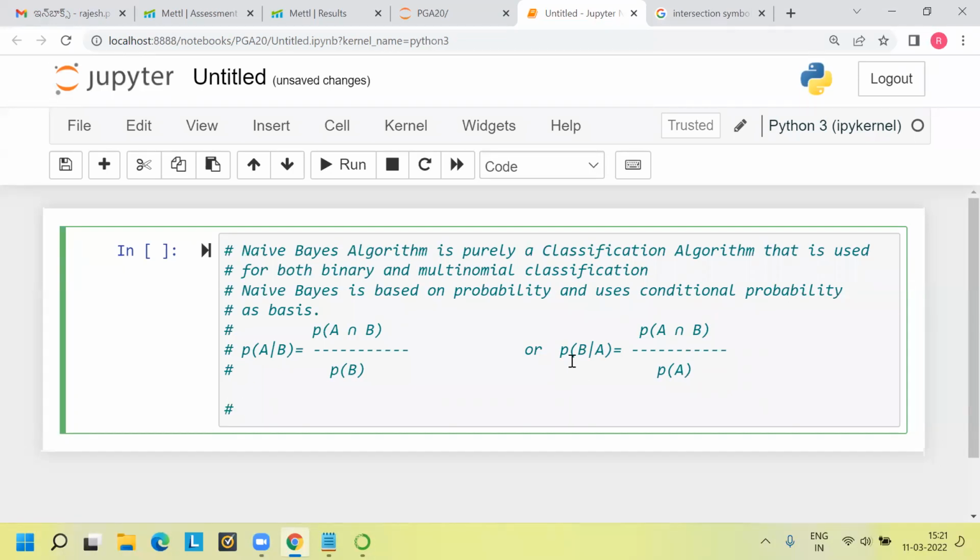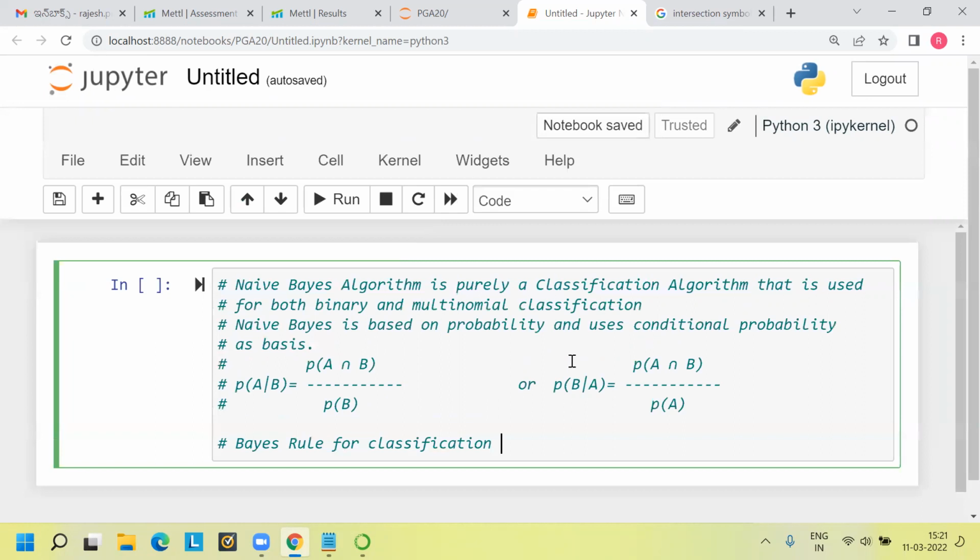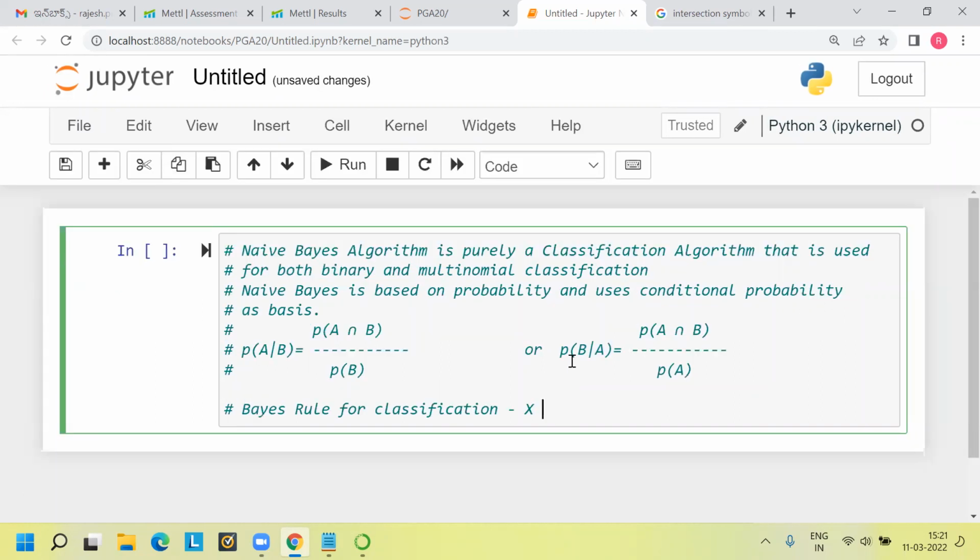Now, the Bayes rule for classification, which we use in machine learning, where X is independent variables, and Y is what?